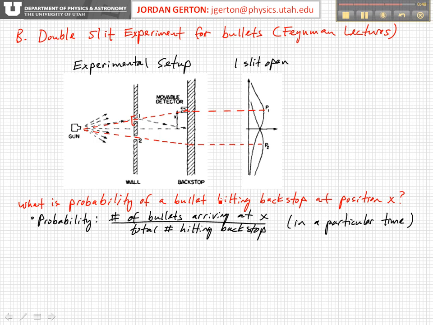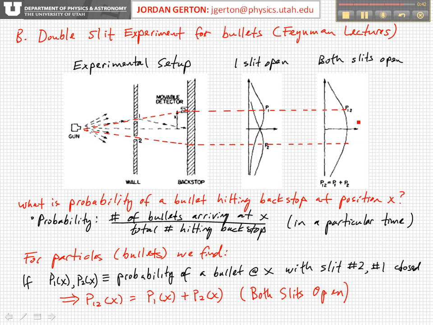If we open up both slits, we get a distribution that looks like this. You basically just add the 2 probability distributions, P1 and P2, that correspond to the individual slits being open, and when you do that, you get a curve that looks like this.